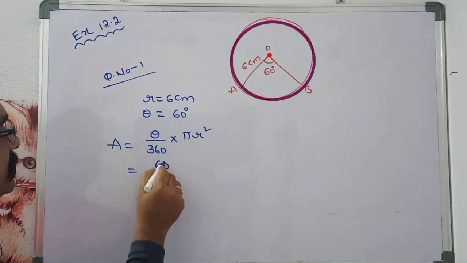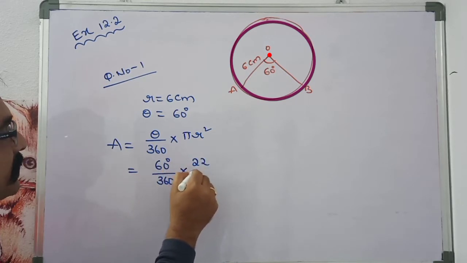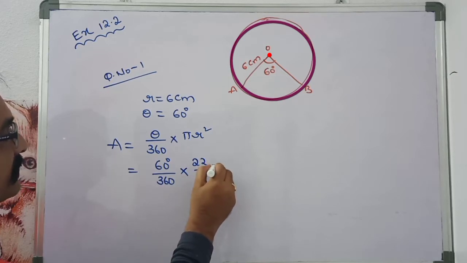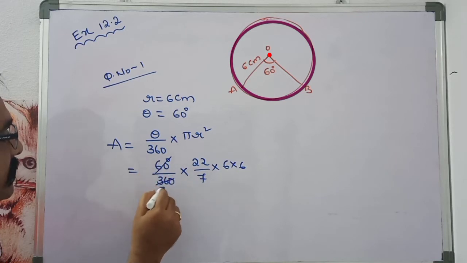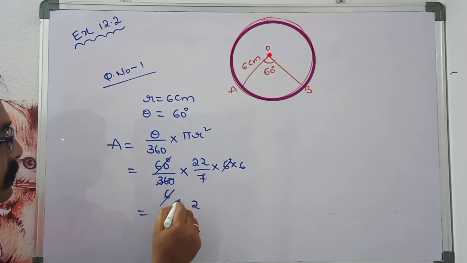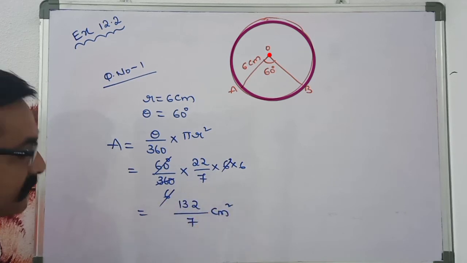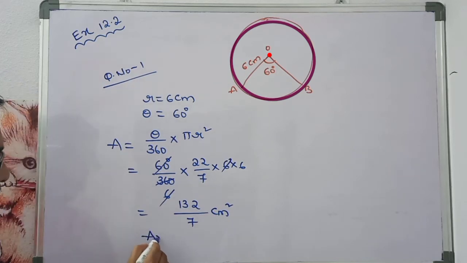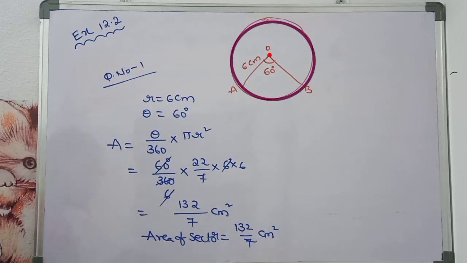Theta is 60 degrees by 360 into pi, and since nothing is mentioned we take pi as 22 by 7, and the radius is 6 into 6. 60 goes into 360 six times, 6 gets cancelled, 6 twos are 12, 12 plus 1 is 13, so 132 by 7 centimeter square. This is the area of the sector. This is question number 1.